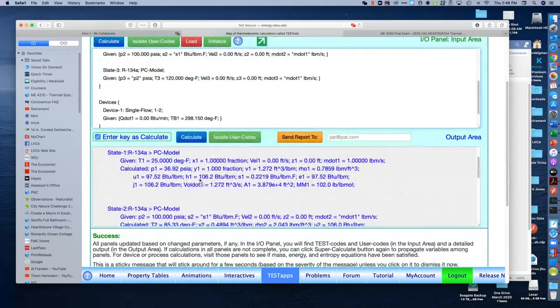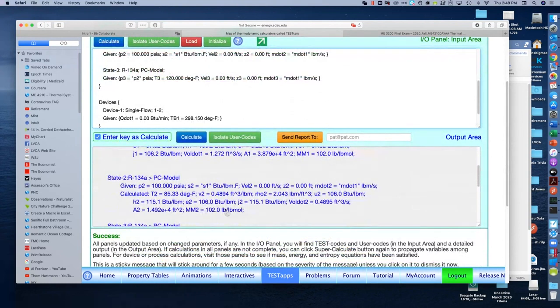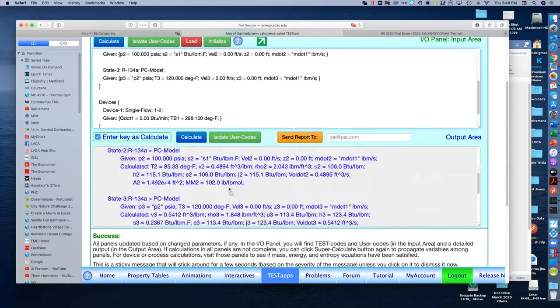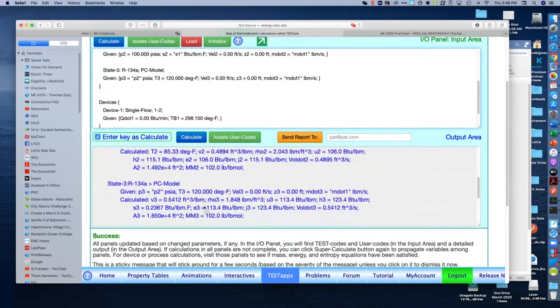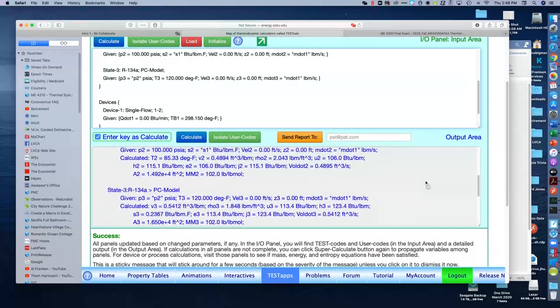Basically we see here's the enthalpy coming in, here is the enthalpy going out if it's isentropic, and then finally here is the enthalpy H of the real case, when the entropy actually did increase due to irreversibility as it went from the original condition to 100 psi at 120 Fahrenheit.